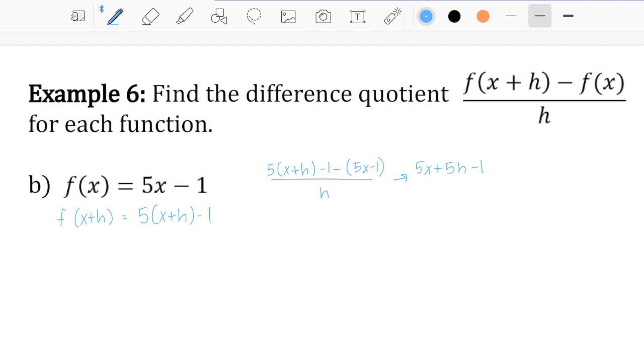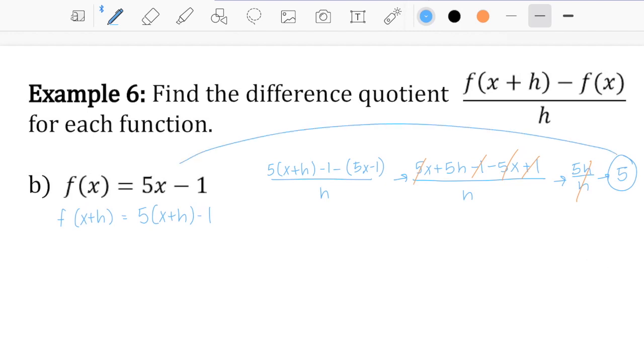And here you're just going to see me simplify this. It's going to take quite a few steps. I'm going to cancel some things out until we see that the answer for our difference quotient is 5. And that makes sense because this is a linear function, so our average rate of change, no matter what the interval is going to be, is just going to be the same as the slope of our line, which is 5.